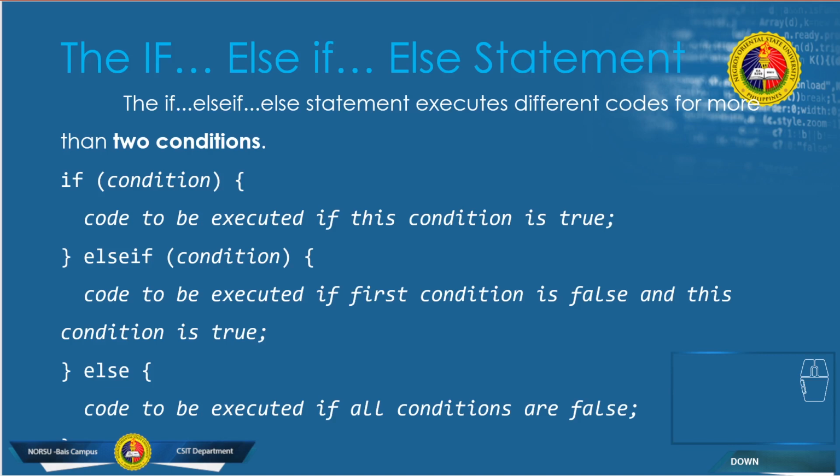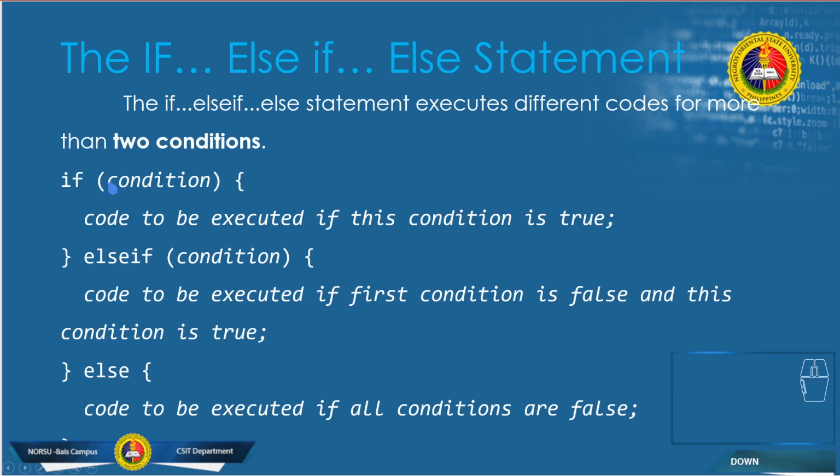However, what if we're going to work with multiple conditions? If there are many conditions, then we will use else if. That means there are one or more possible conditions that could be true, so we can use the else if statement. So this is how we're going to write it. Same thing, we have the if condition, and then the statement will be written inside the braces, then else if.